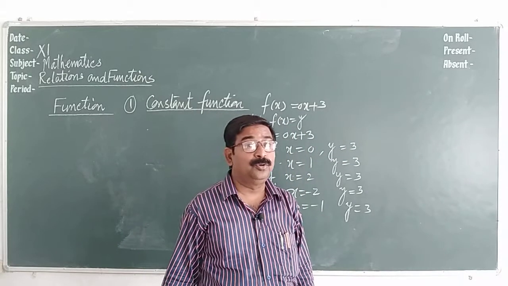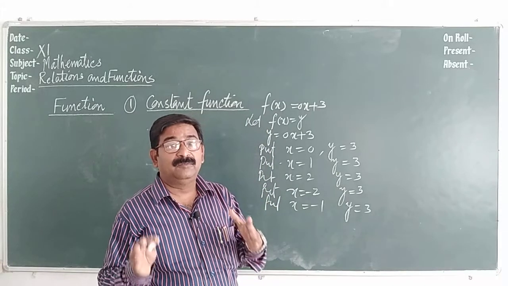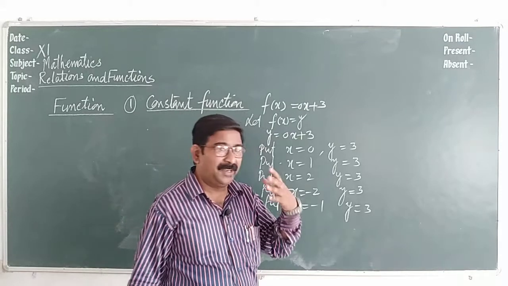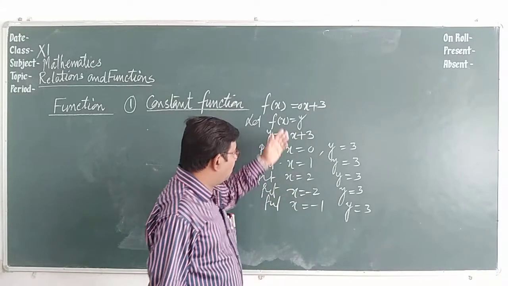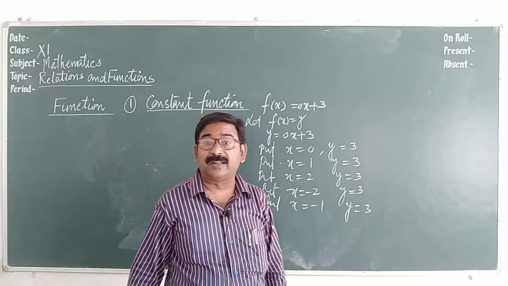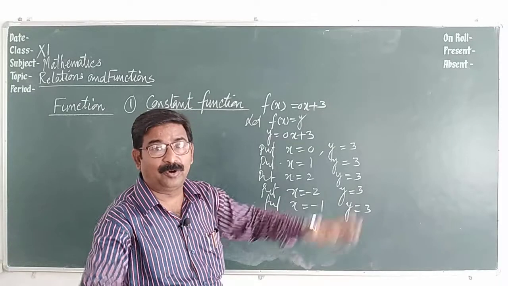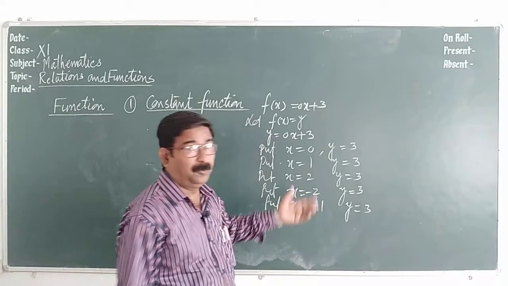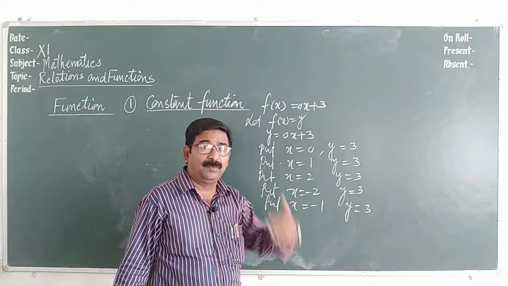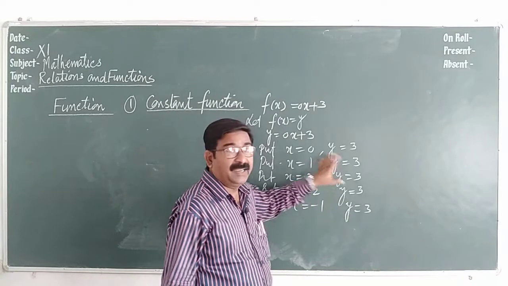And what I told, the values of x which are taken on the x-axis are the domain. So try to think how many values we can take for x. We are able to take any value on the x-axis, meaning negative, positive, fraction, decimal, whatever you want, meaning all real numbers we can take as x.